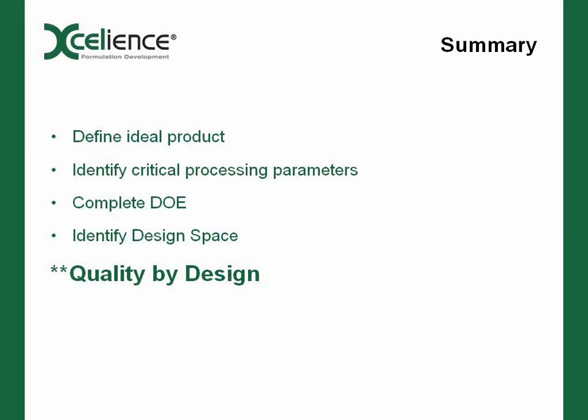If you set this up appropriately and follow the steps, doing the DOE type of work and that type of statistically designed process, then you'll end up with a product that is quality by design. If you get to that point, it's going to be much easier to get your PAI through with very, very minimal questions at all.